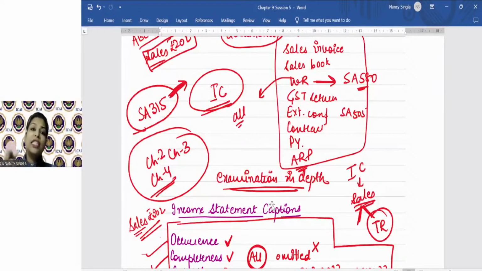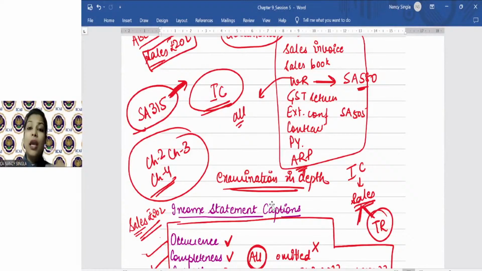He will check certain sales invoices on a random basis, and with respect to that sample he will be checking the internal controls, like whether these are pre-numbered or not, whether only original copies are there, whether these are authorized or not, right, whether segregation of duties is there or not. So auditor will consider that.